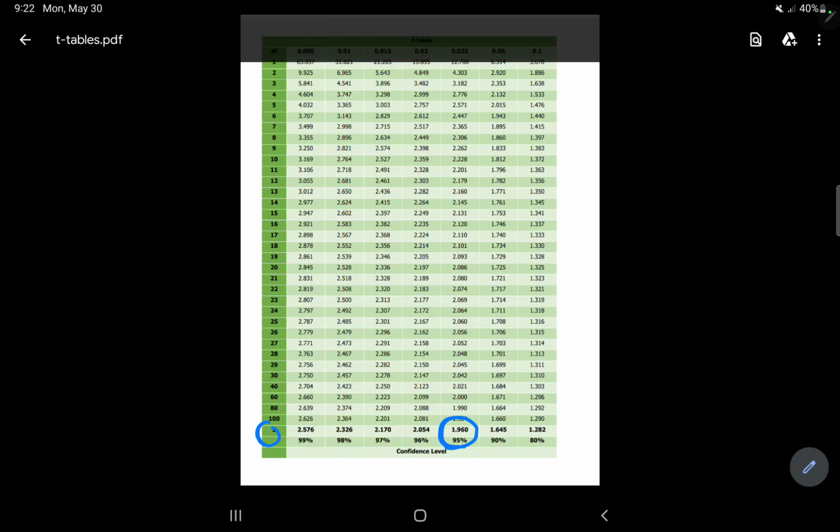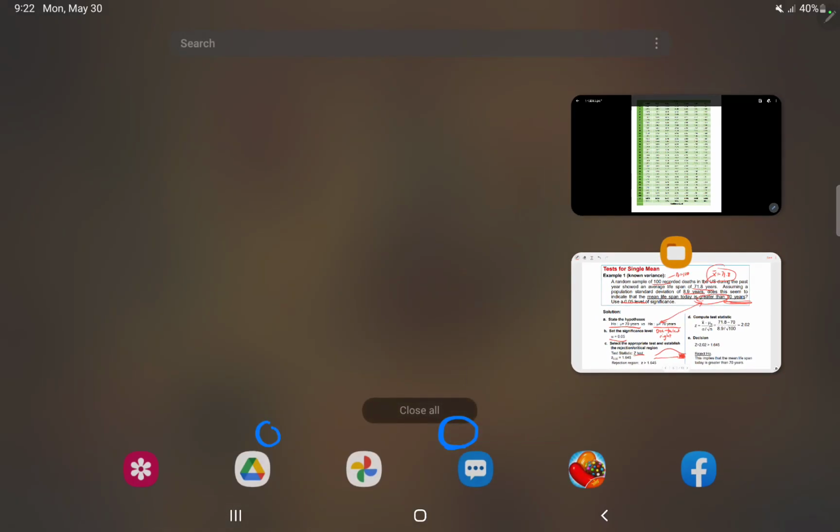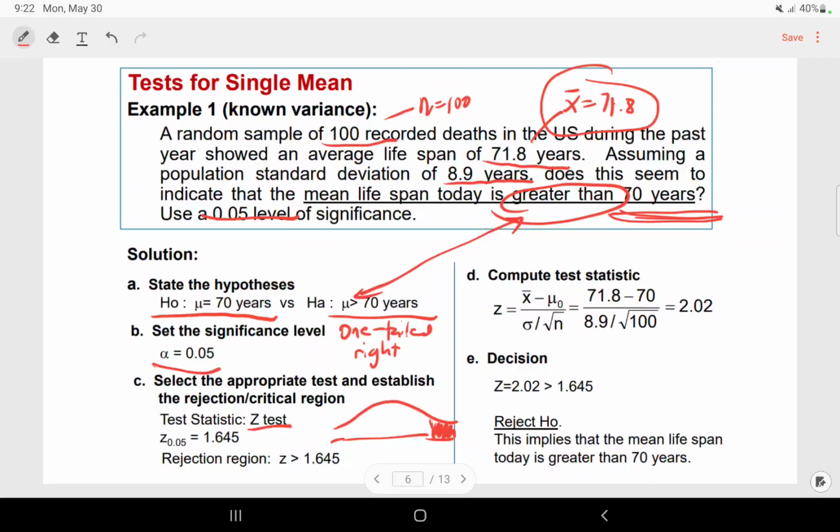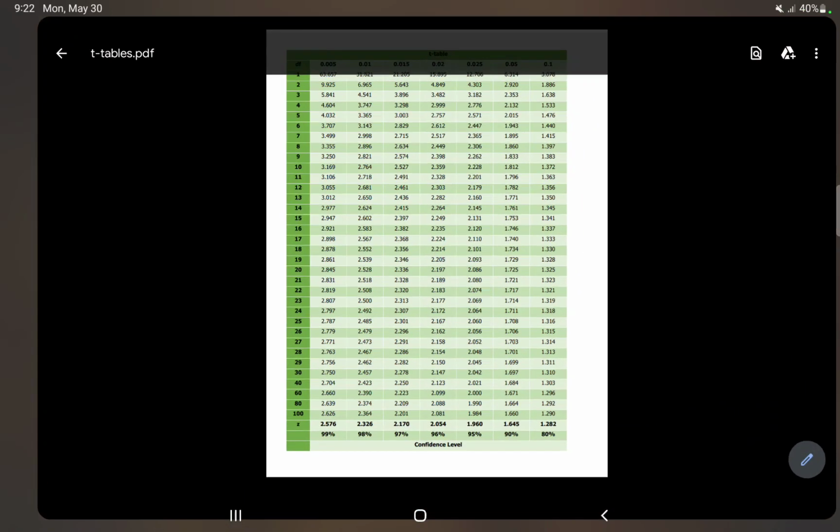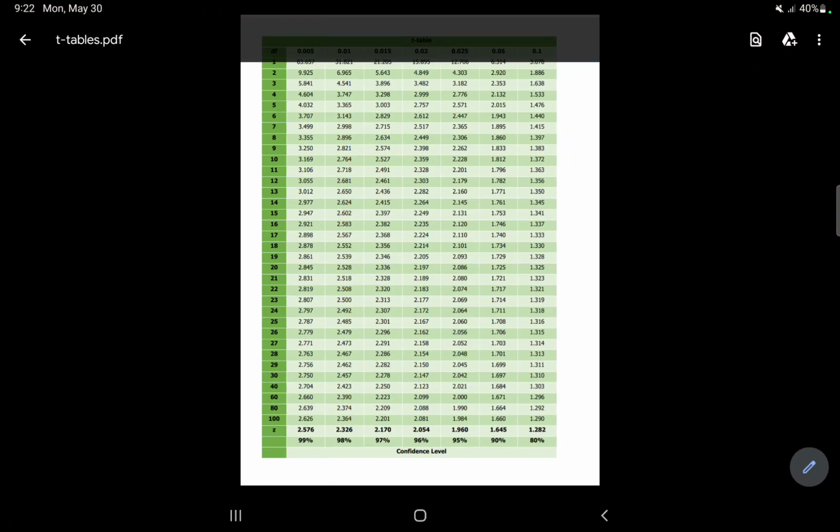Yan. So 1.96. Yeah, so that's z equal to 0.05. Tingnan ulit nga natin sa taas. Z equal to 0.05.